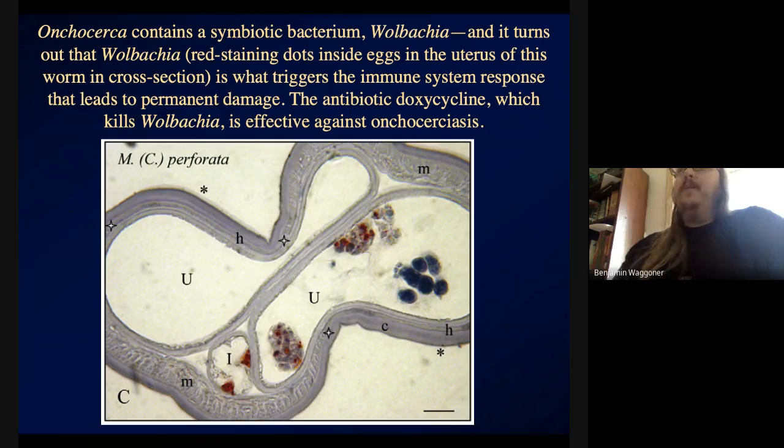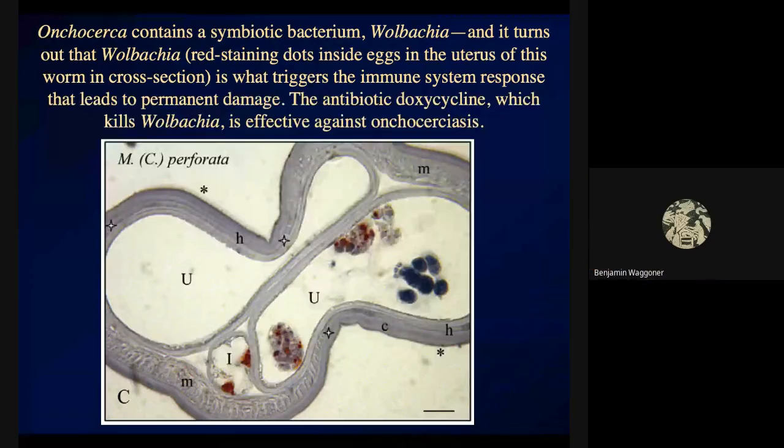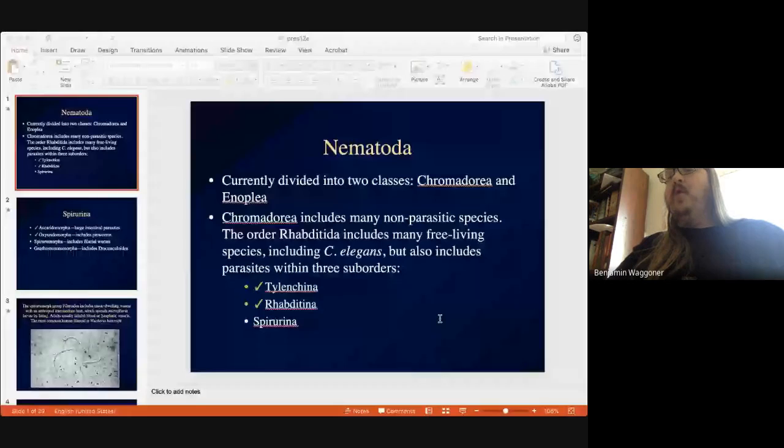What's important for our purposes here is that Wolbachia seems to do a lot of triggering the immune system, and that's what leads to the permanent damage. It's not so much the worm, it's the immune response to the worm, or more accurately, the immune response to the bacteria living inside the worm. This is weird.